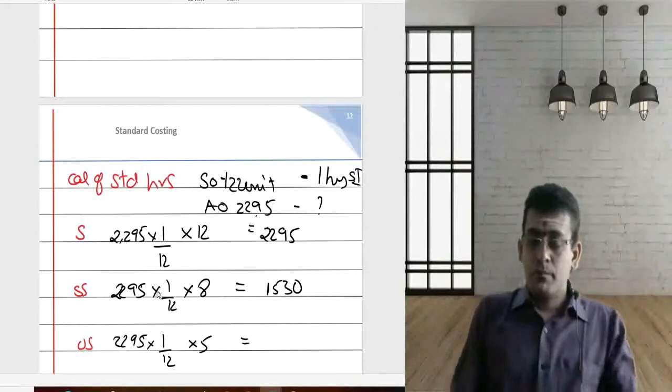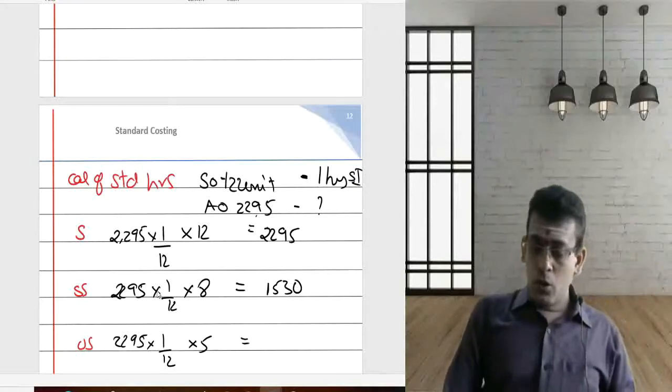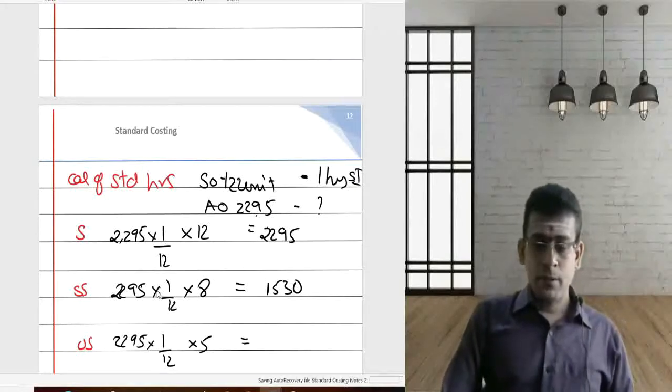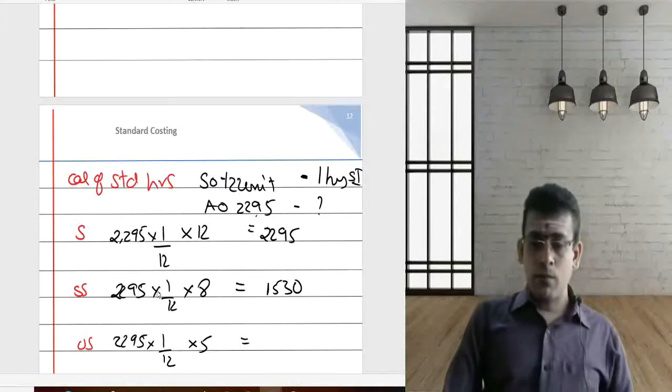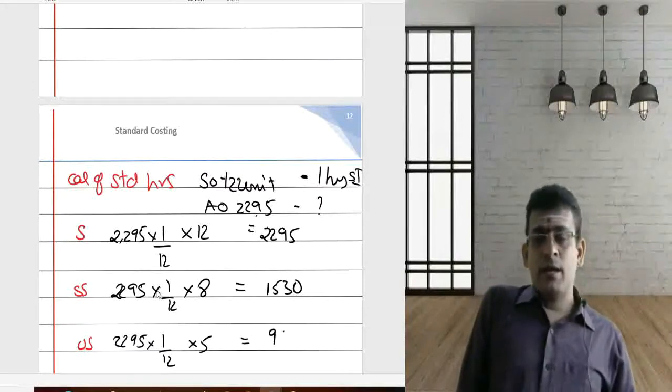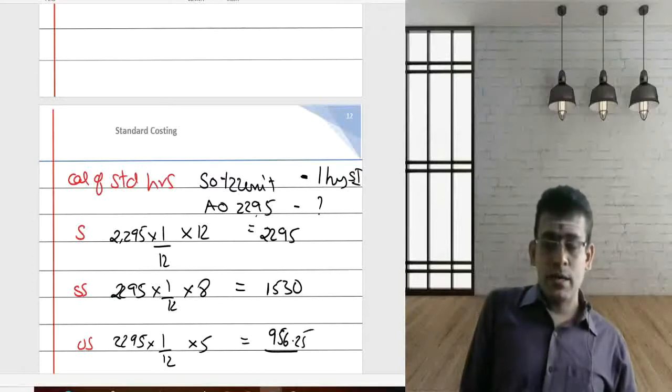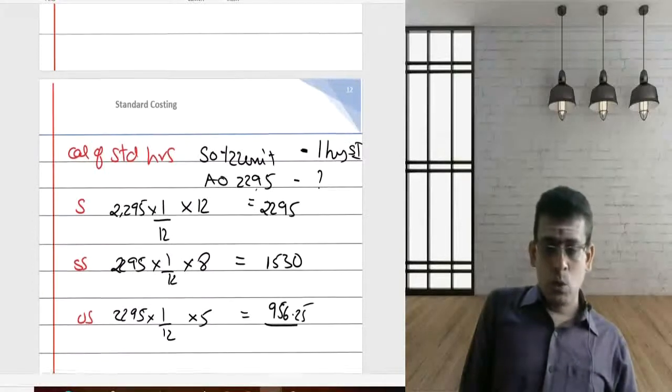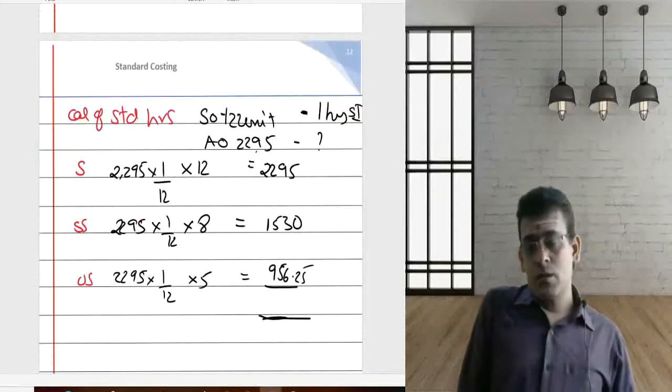Then 2295 into 1 divided by 12 into 5 workers. So the total time duration here is going to be 956.25. So this is nothing but your total standard hours. Okay?